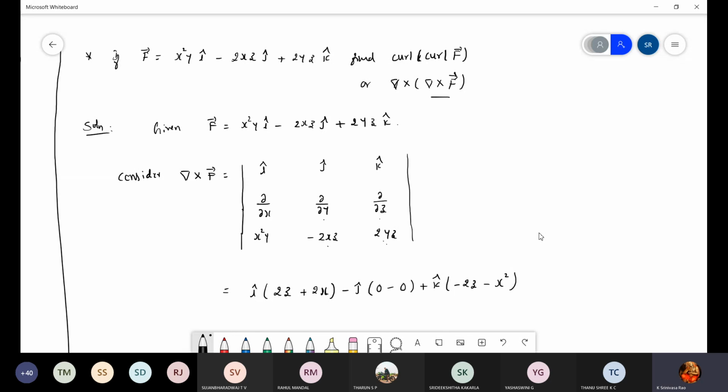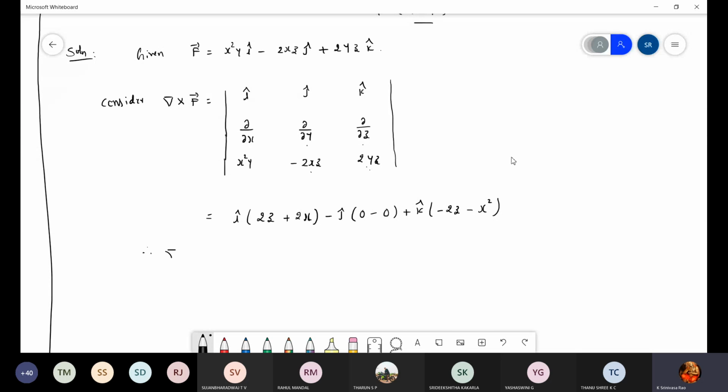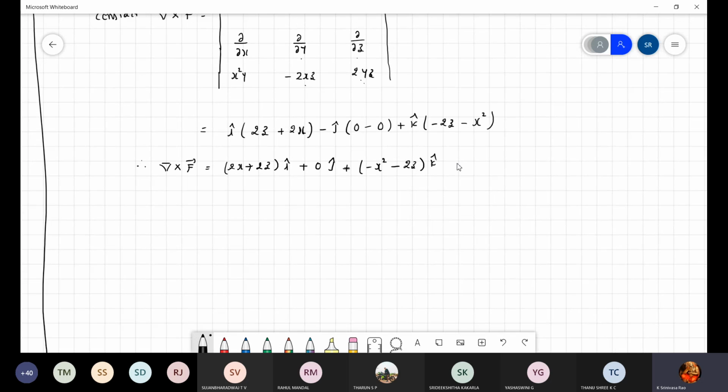So curl f equals 2x plus 2z i cap, and because j is 0, I will write 0 j cap, because one more time I have to calculate the cross product, and minus x square minus 2z k cap. Or you can take minus common, so no change in both the equations.